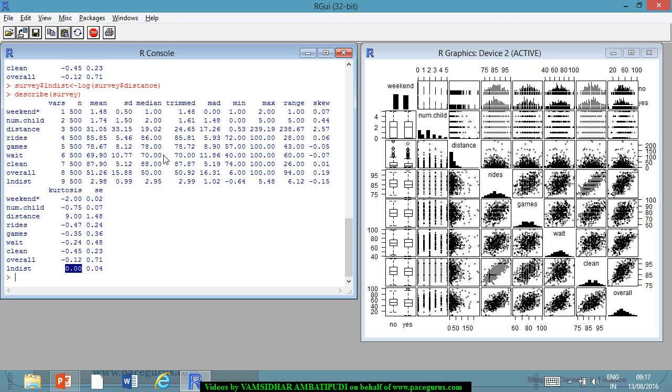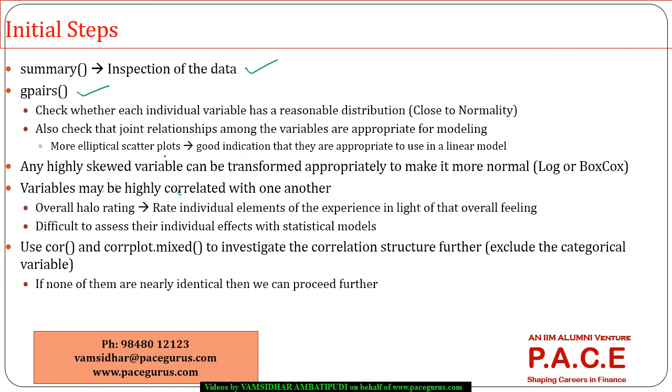We could get this just by looking at ggpairs, or quickly running the psych package and the describe function on top of it. So we have checked whether each individual variable has a reasonable distribution, which is what we are calling close to normality.